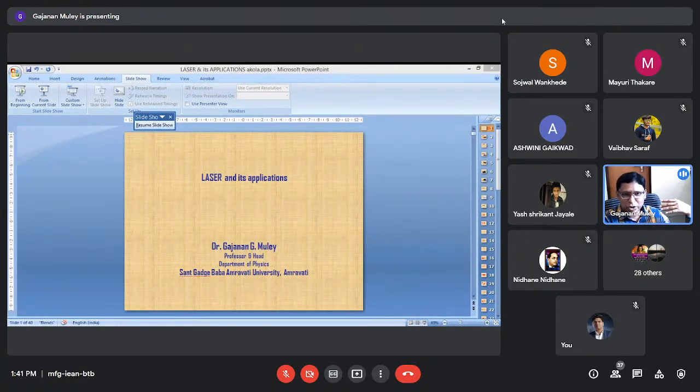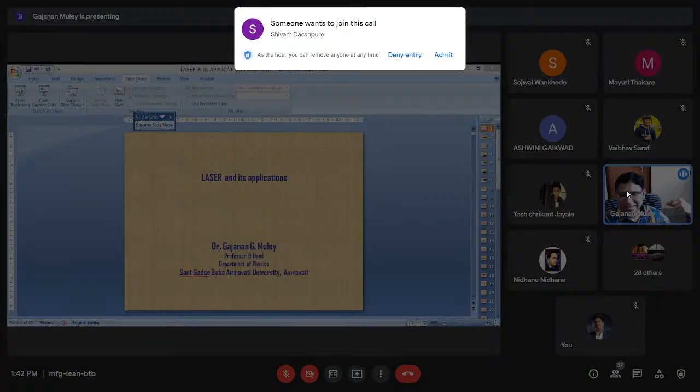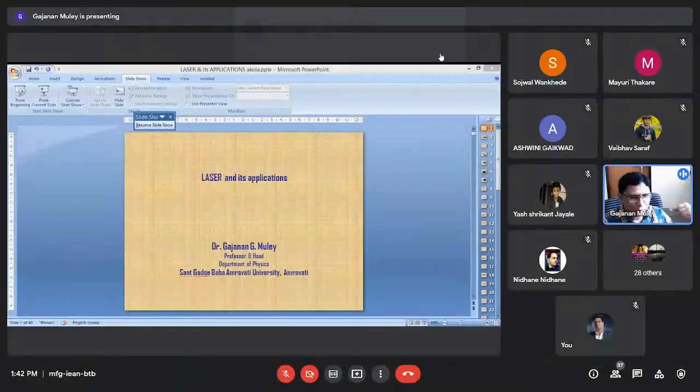N1 is equal to N0 into e raised to the power minus E1 upon kT, where N1 is the number of atoms in state E1 at temperature T, and N0 is the total number of atoms. N2 is the number of atoms in the excited state E2, equal to N0 into e raised to the power minus E2 upon kT. Here k is the Boltzmann constant, T is the temperature, and E1 and E2 are the energies of these two energy levels.